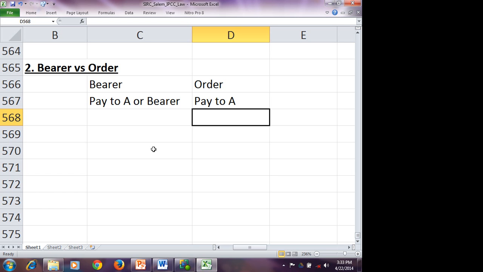By using the word only in the previous case, you have prohibited further negotiation. Here it is an order instrument. It's automatic. The holder can insert the word order or bearer. The holder can insert that. It does not prohibit further negotiation. If you have used the word only and the payee scores out the word only, then it amounts to material alteration.